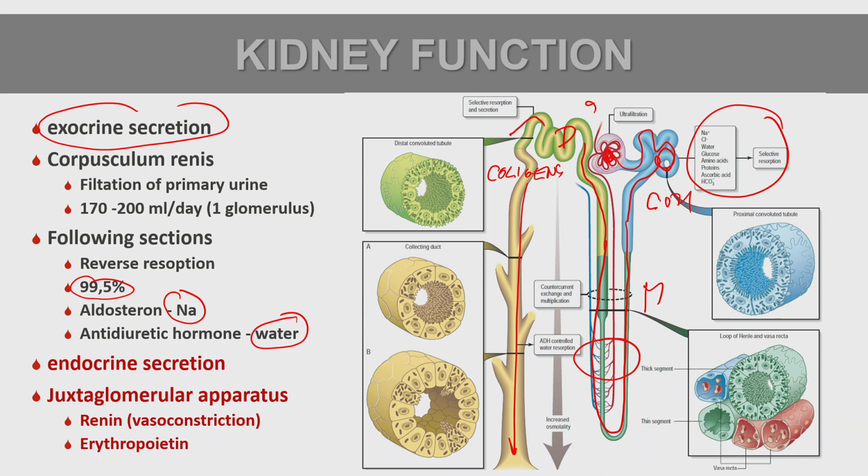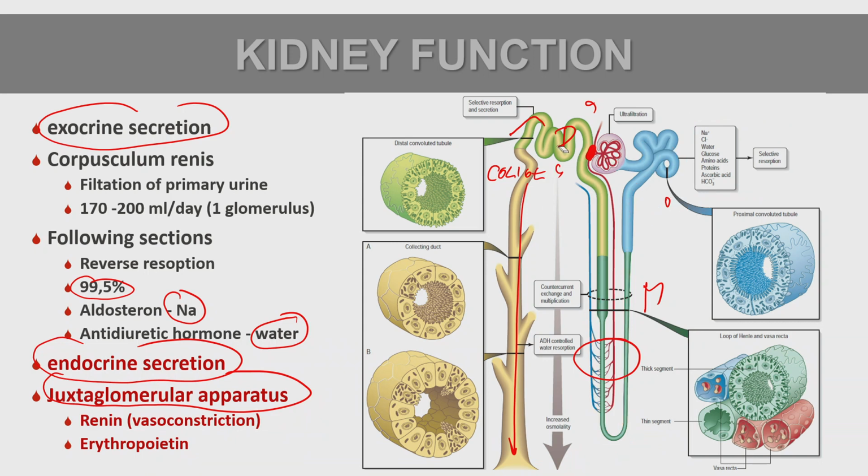Then we also have important endocrine secretion, which is in the juxtaglomerular region. This is a place where we have the production of hormones. They are important. The renin, angiotensin axis guides the proper perfusion pressure.